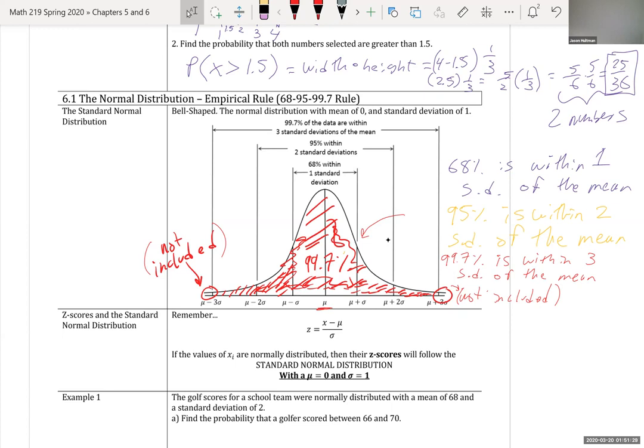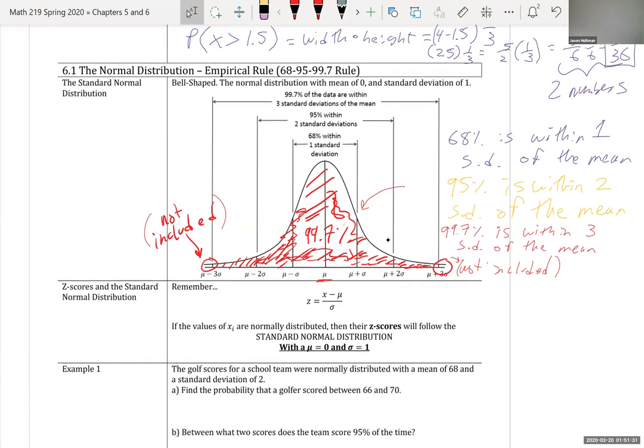Remember that a z-score is x minus mu over the standard deviation. So if I'm given values that are not standardized, the standard normal curve looks like this.